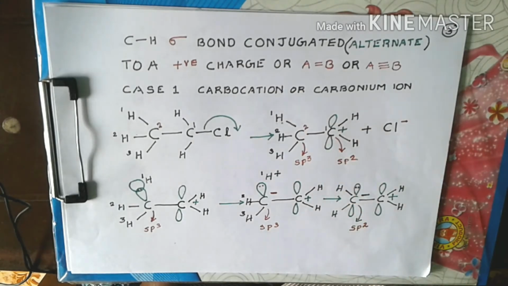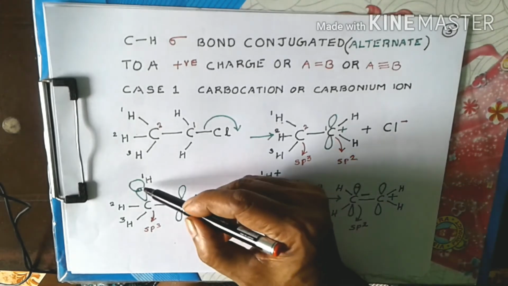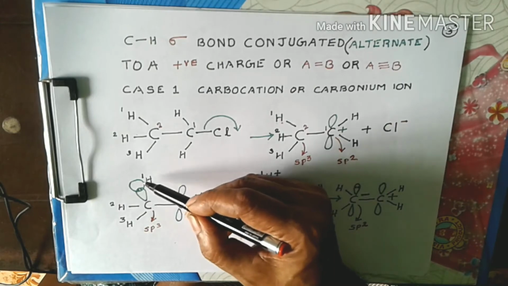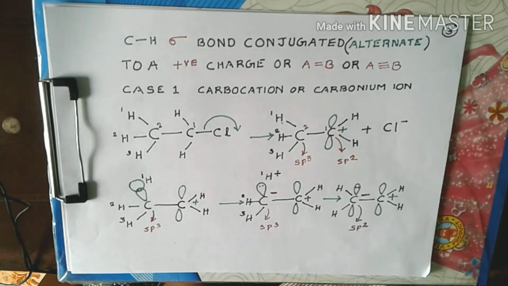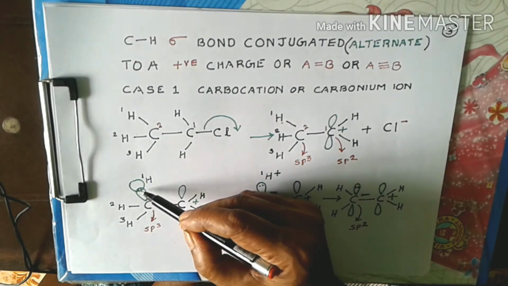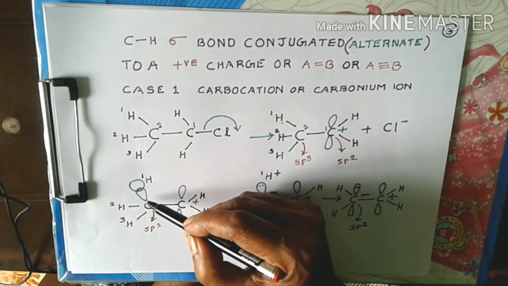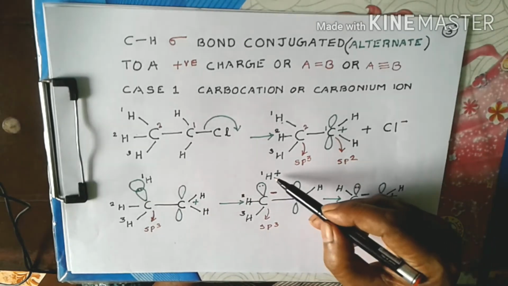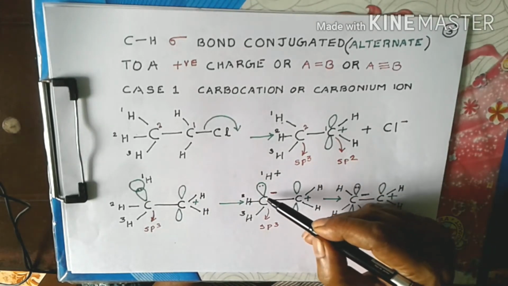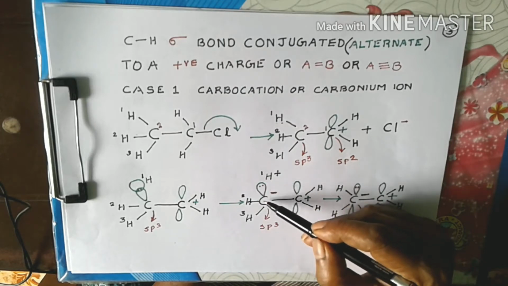Now, during hyperconjugation, in the C-H bond, that is the C-H1 bond shown here, the carbon atom takes up the electron pair shared between hydrogen and carbon. So hydrogen is left with a positive charge, and carbon with a negative charge, possessing a lone pair orbital.